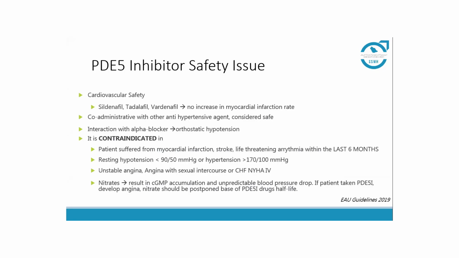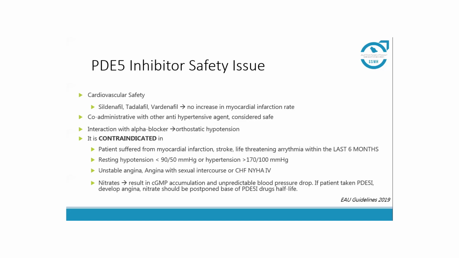So in terms of their safety issue, all the PDE5 inhibitors don't increase the myocardial infarction rate. If they are co-administered with any antihypertensive, it's considered safe. If a PDE5 inhibitor is given with an alpha blocker, it may cause orthostatic hypotension.